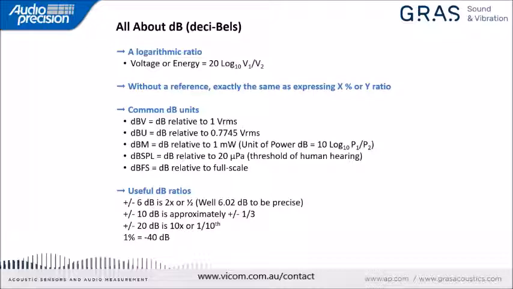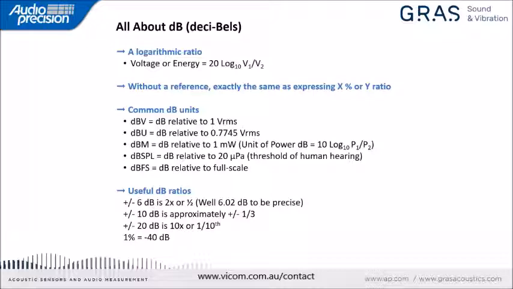So common decibel units in the world of audio: dBV, which is dB relative to 1 volt RMS; dBu, which is relative to 0.7745 volts RMS; dBm. dBm is a little bit special. dBm is actually a unit of power, so this is dB relative to 1 milliwatt.